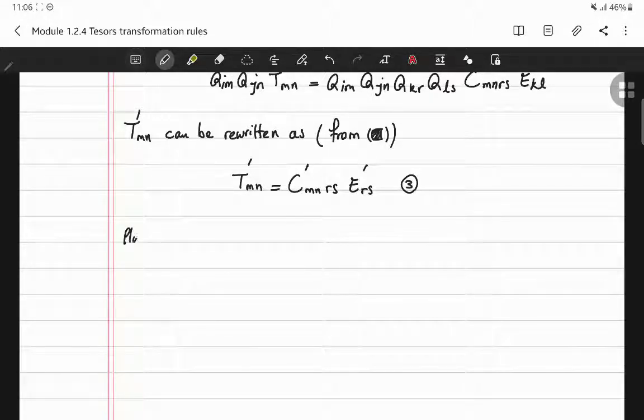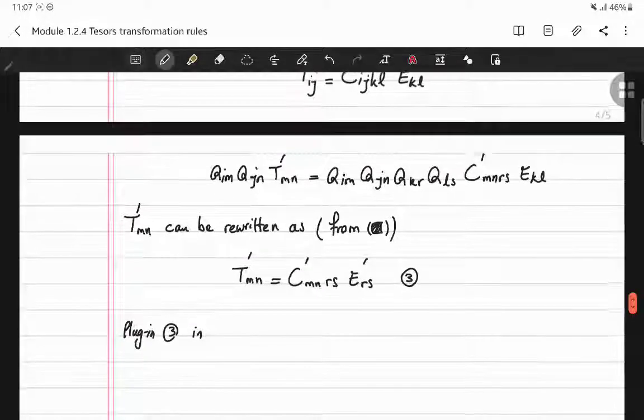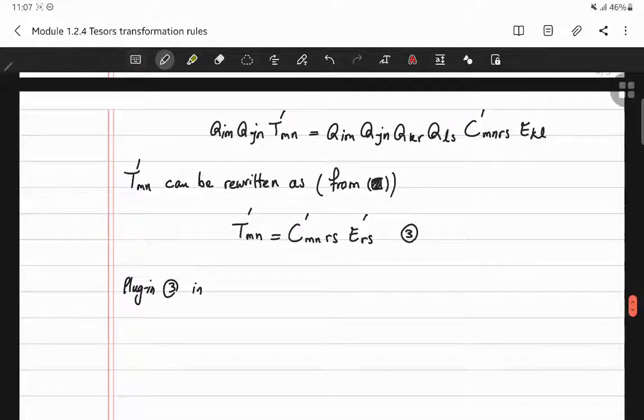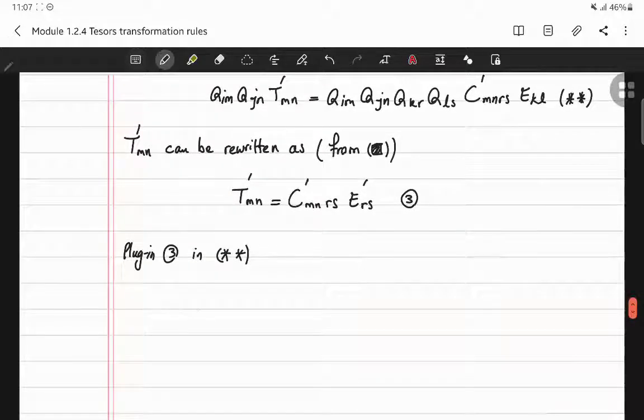So plug in 3, and let's say I call this double star. So it gives, let me see, okay, I have Qim, so it's a long expression, so I have to be careful.